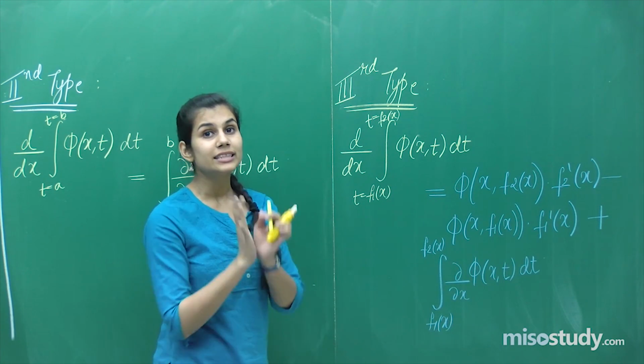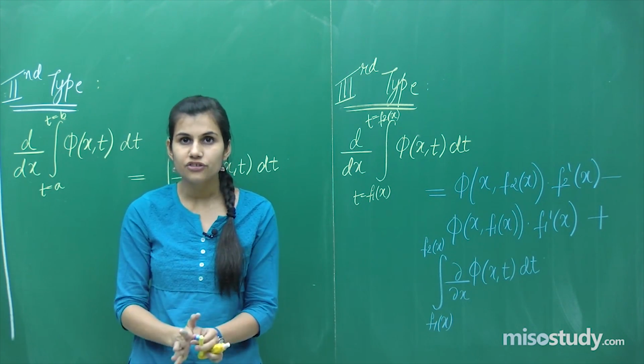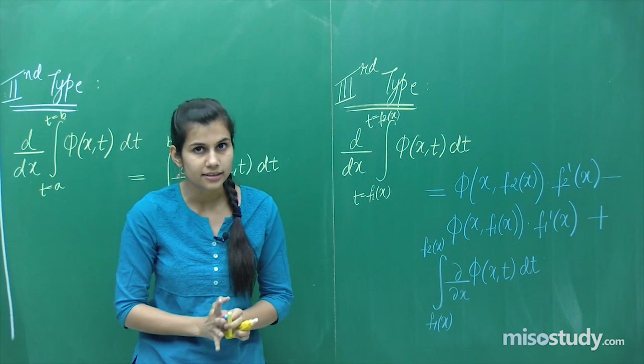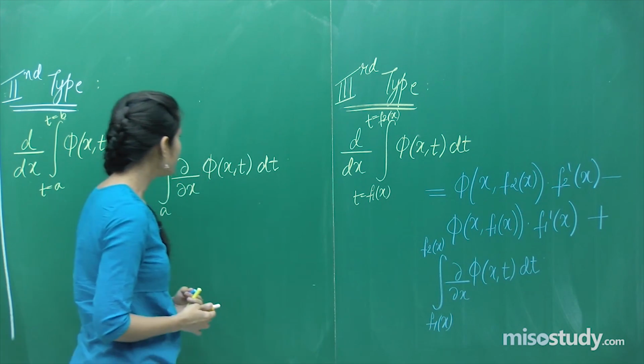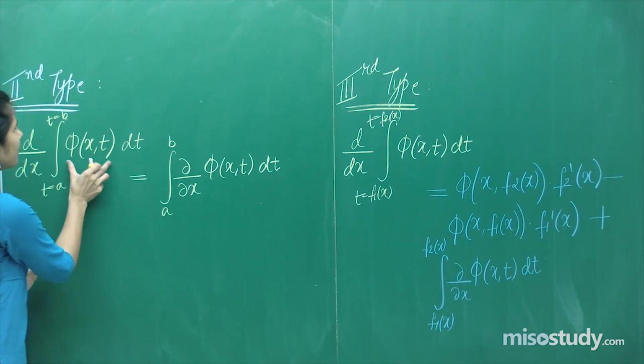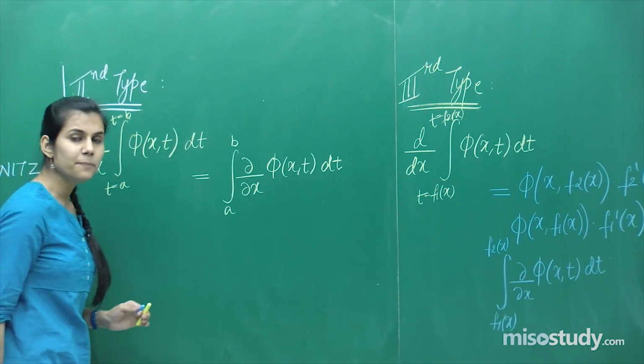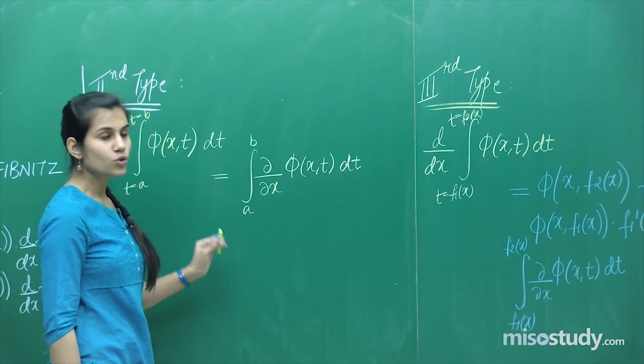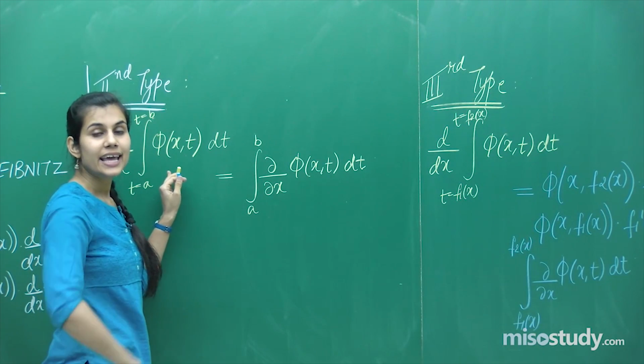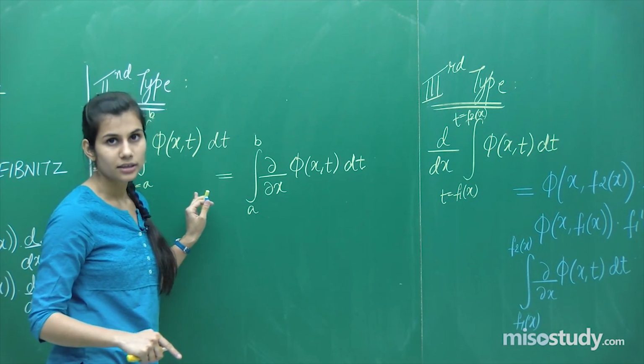This was all about the three types of differentiation inside or under the integral sign. One thing which I just want you to notice, when I am talking about such functions having both x and t, x over here can sit as an explicit or implicit variable.